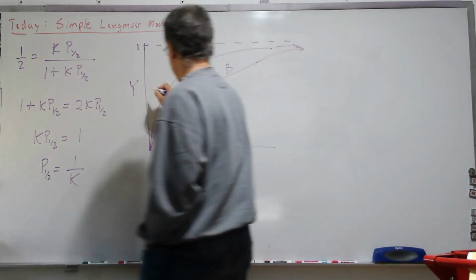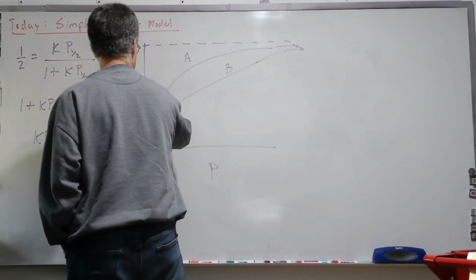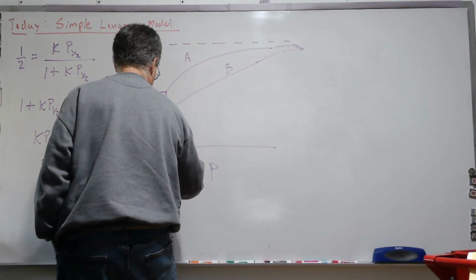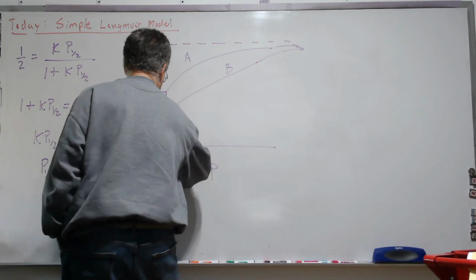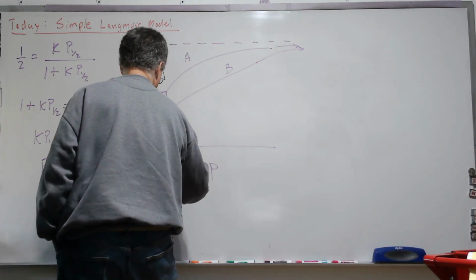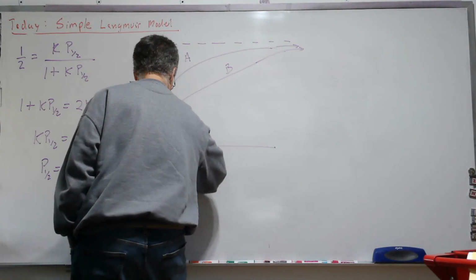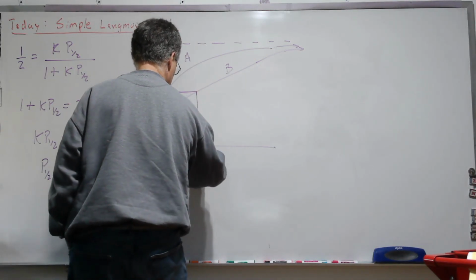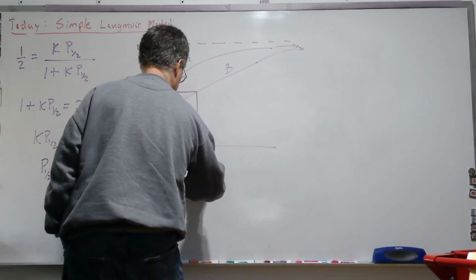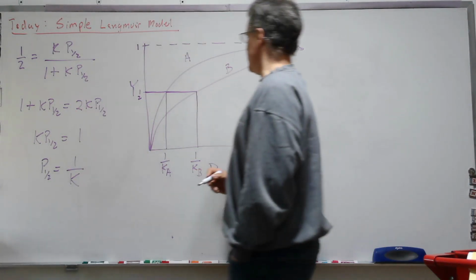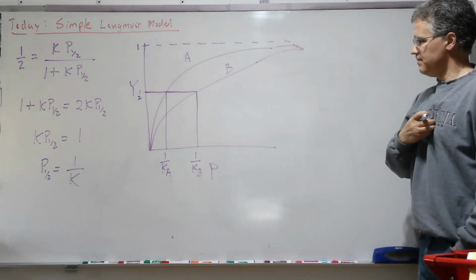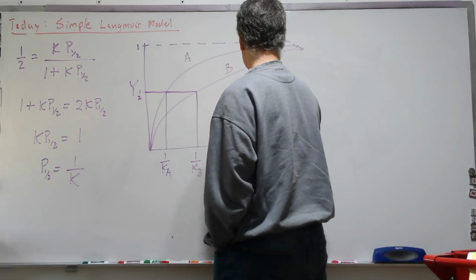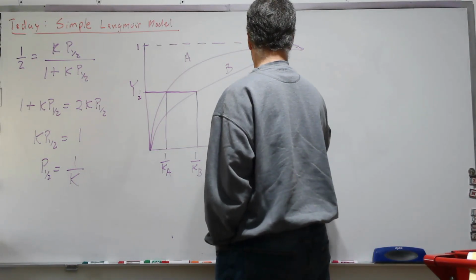So we take the point at 1/2 and we trace this over. This is going to be P, this is going to be 1 over Ka, and this is going to be 1 over Kb. So we see here that Ka must be greater than Kb.